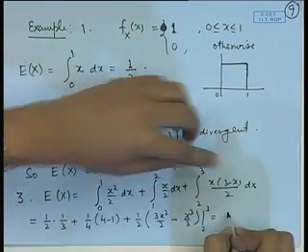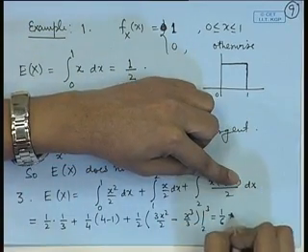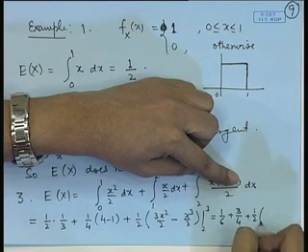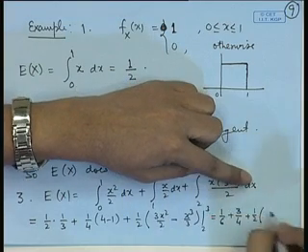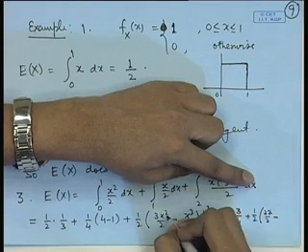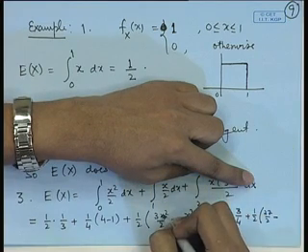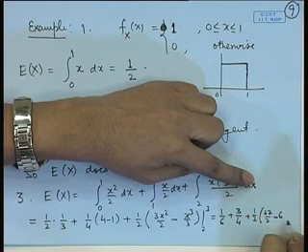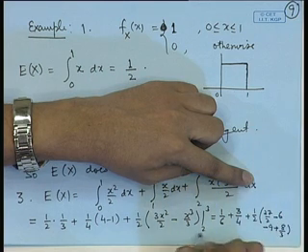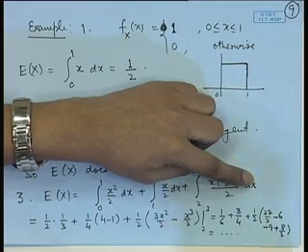So it is equal to 1 by 6 plus 3 by 4 plus half, the value at this is 27 by 2 minus 6 minus 9 plus 8 by 3, which can be actually simplified.